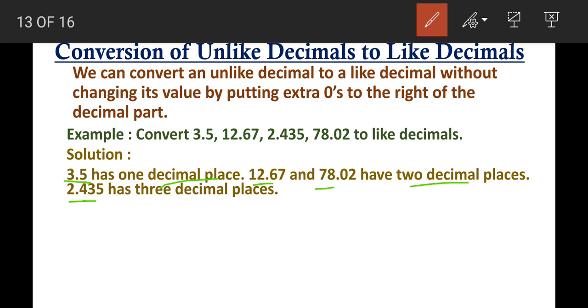So we have to check the maximum number of decimal places. Among all these numbers, 2.435 contains three decimal places, which is the maximum.